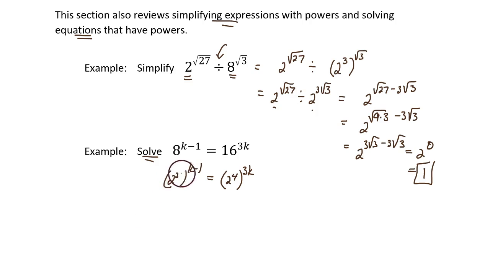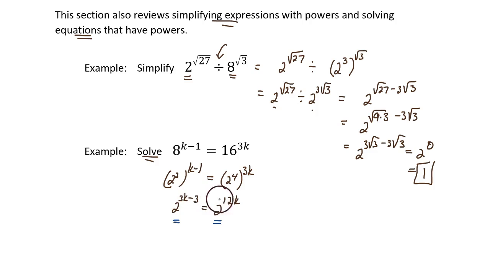Now let's use that rule about a power to a power is when you multiply the exponents. So 3 times k is 3k, and 3 times negative 1 is negative 3. Now on this side, multiply those two exponents. It makes 12k. We have an equation, and both sides have the same base.